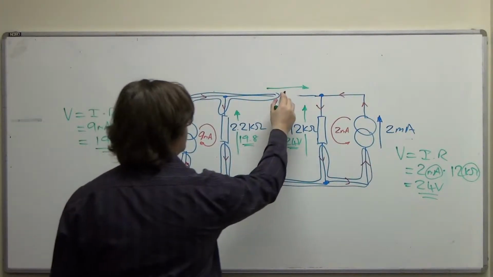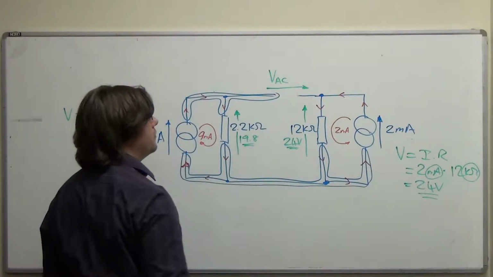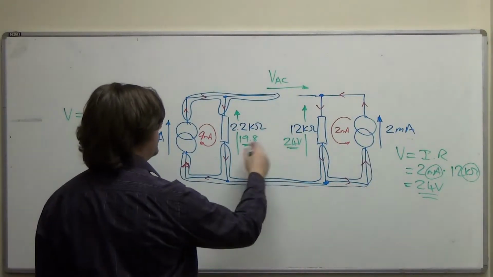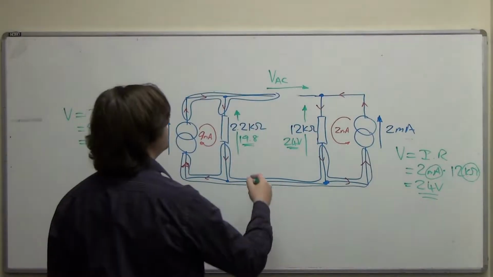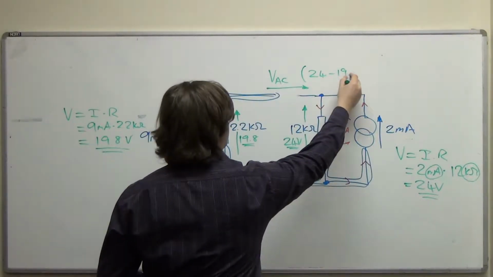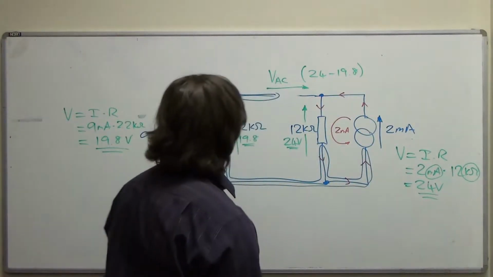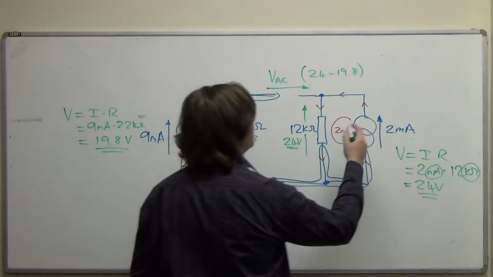Well, that means I know my V anode to cathode now. It's going to be 24 minus 19.8, which is 4.2 volts.